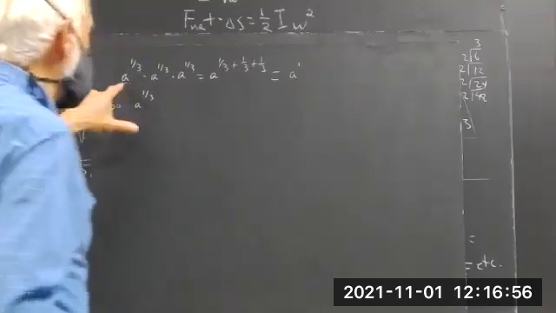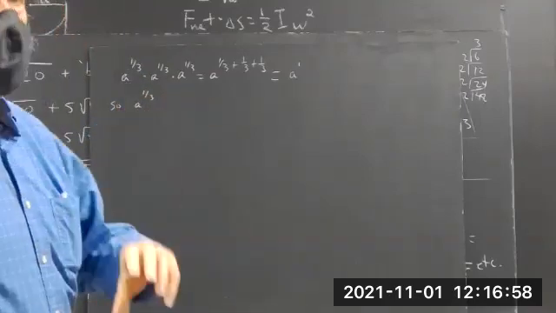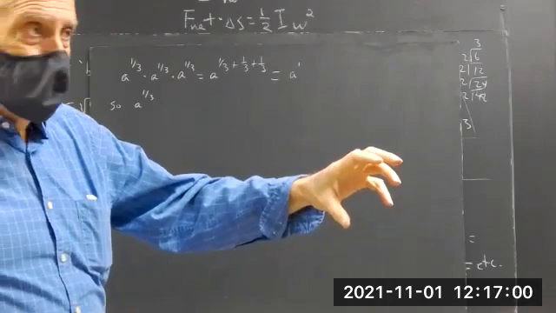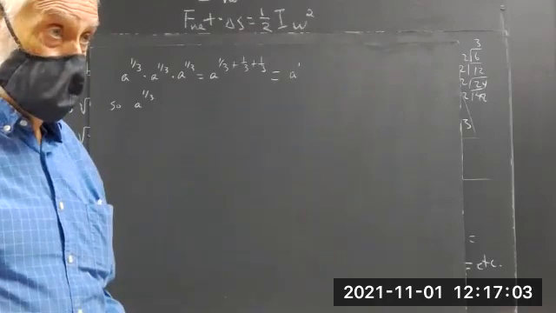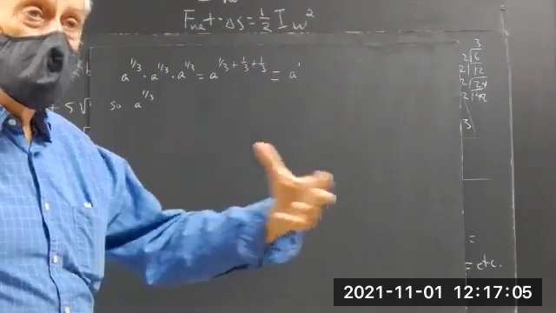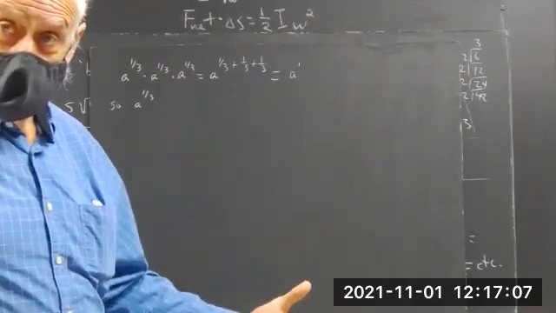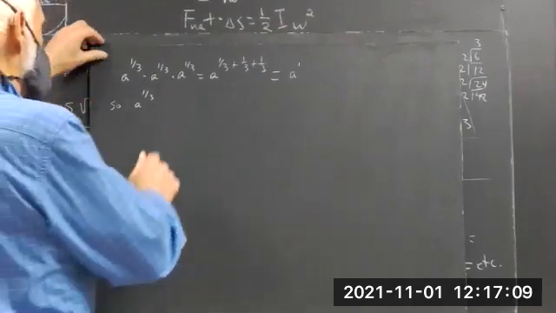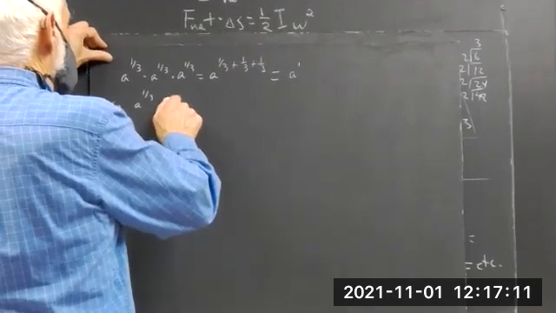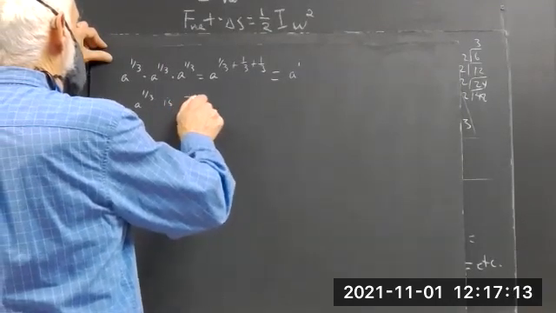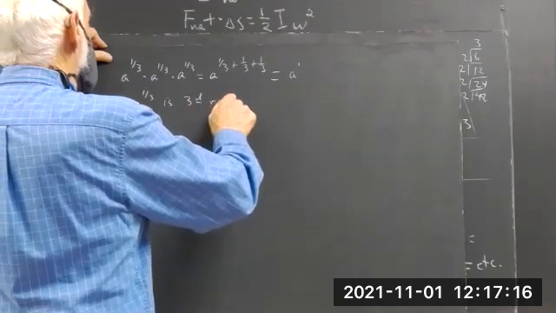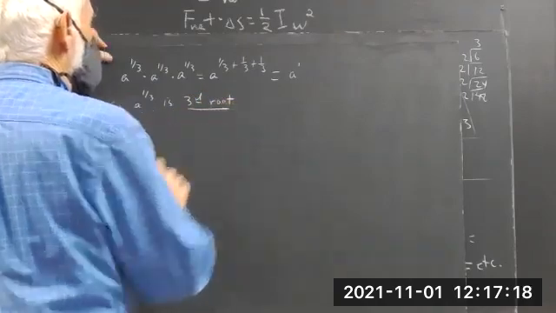So A to the 1/3 is what you would multiply 3 of to get A. The thing you multiply 3 of to get A is the cube root. I'll say it's the third root.